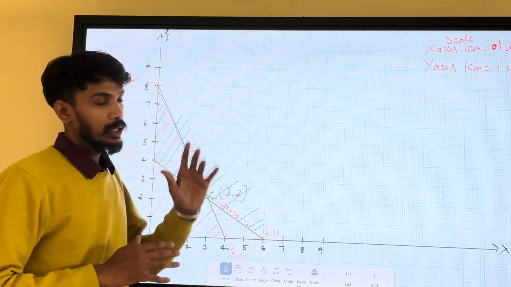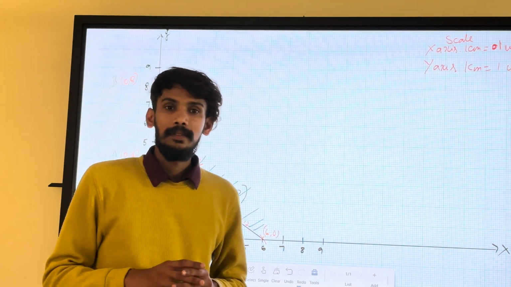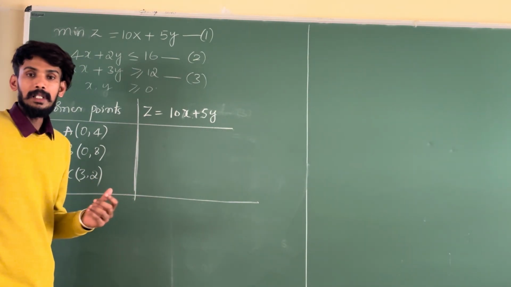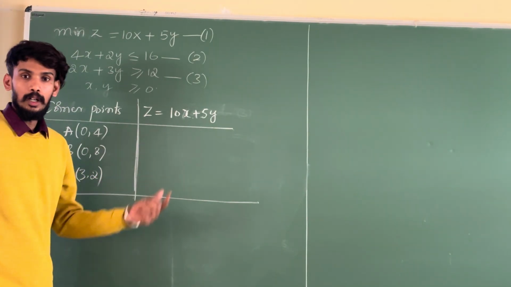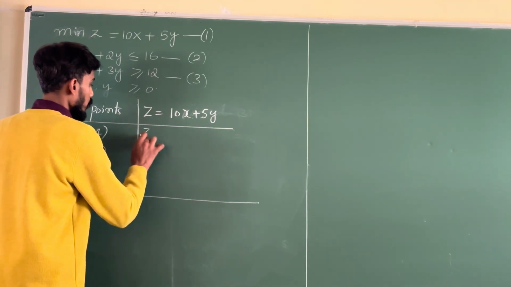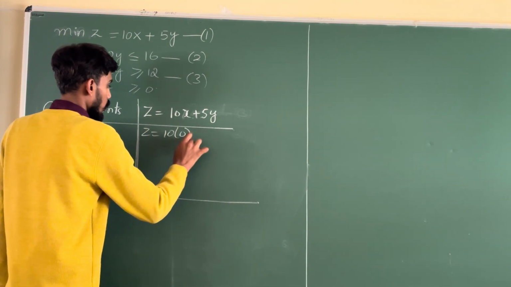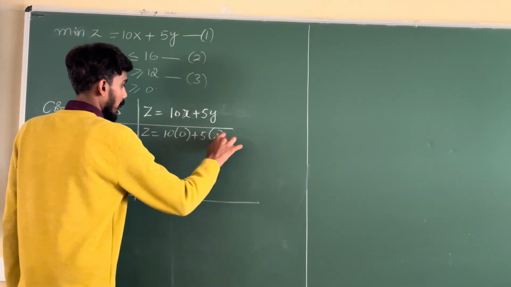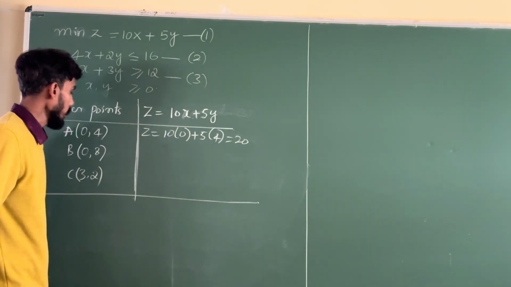Now let us substitute these values into the objective function. I am substituting the corner points in the objective function. The first corner point 0, 4: 10 into 0 plus 5 into 4, we get the value as 20.